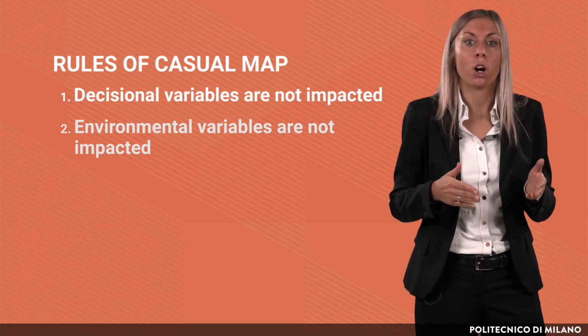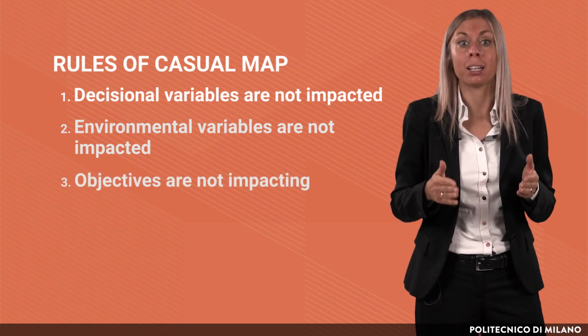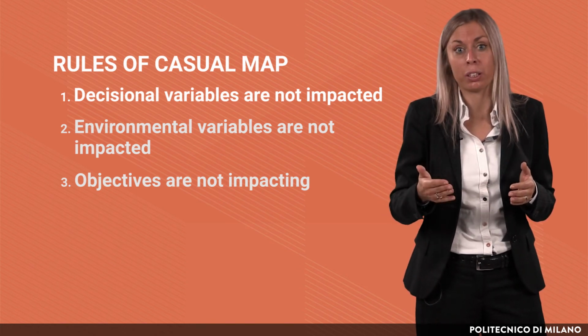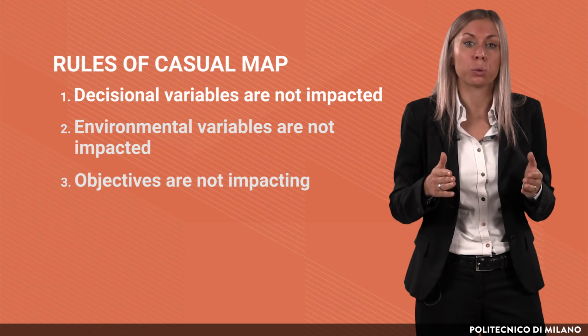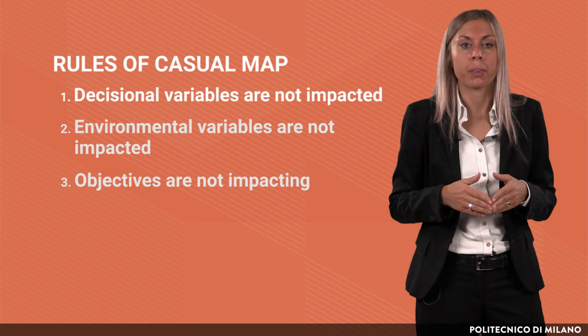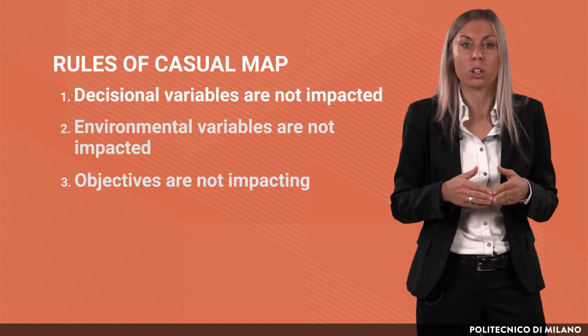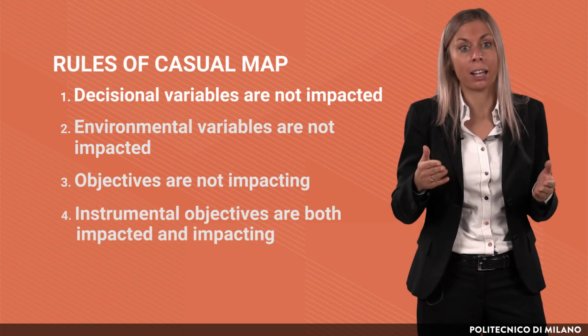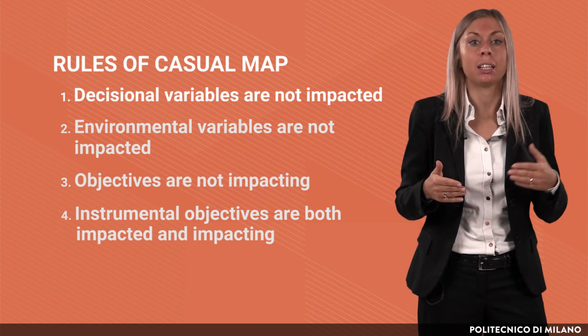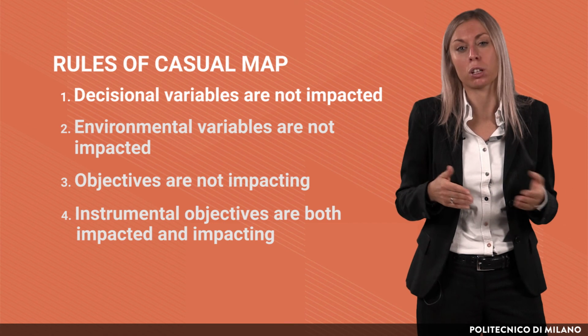On the contrary, objectives are impacted by any kind of other variables, but are not impacting anything else. Being the last goal to achieve, it is the last point of the decision-making process. Finally, instrumental objectives are impacting on higher level objectives, but are impacted by other variables as well, namely environmental and decisional variables.